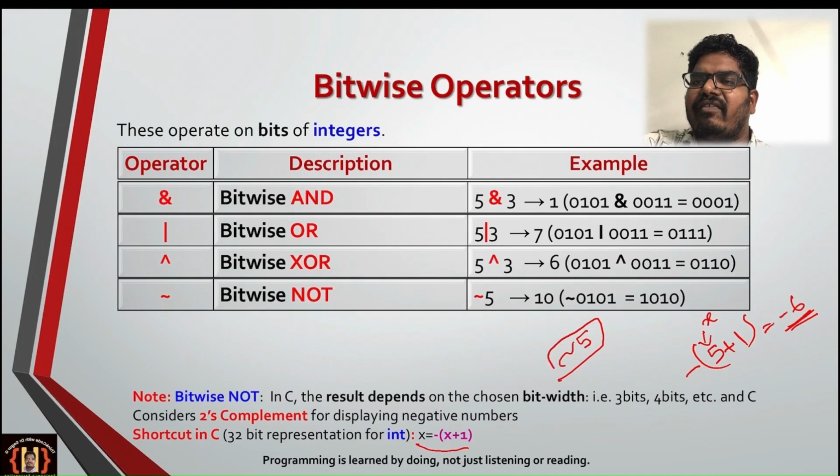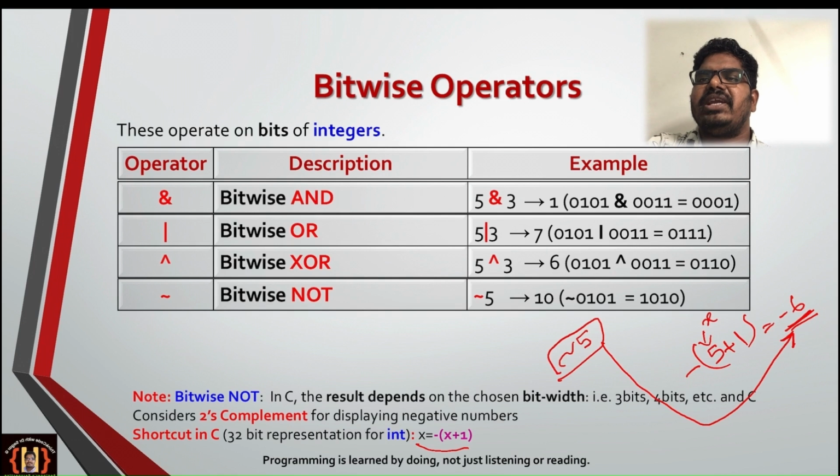What I am trying to tell you is, whenever you perform the tilde operation on 5 in C language, the compiler will give you output minus 6. You have to remember that, because minus 6 is the tilde result in a 32 bit representation. The compiler uses a concept called 2's complement to display negative numbers. That's why it displays minus 6 instead of 10.